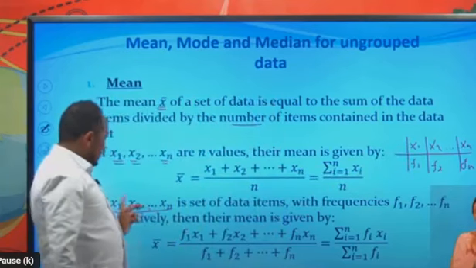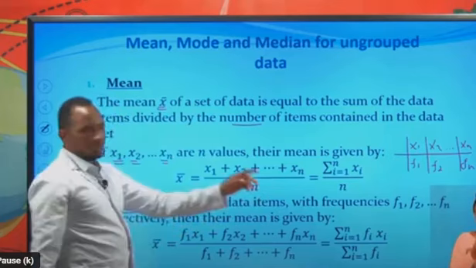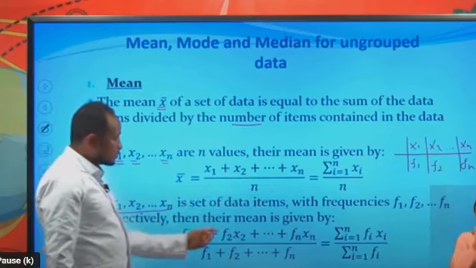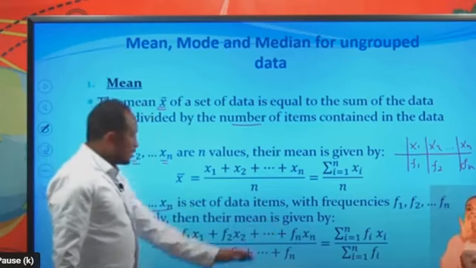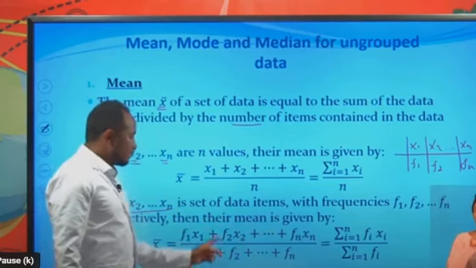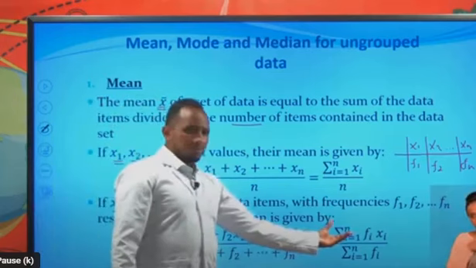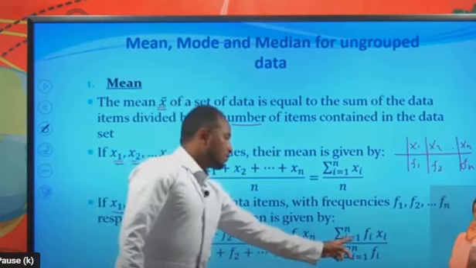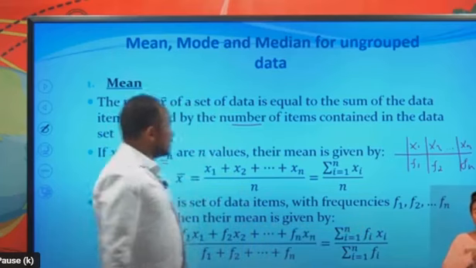So if x1 occurs f1 times, x2 occurs f2 times, and so on, xn occurs fn times, the mean is computed in this form: f1 times x1 plus f2 times x2 plus up to fn times xn, divided by the total number of data. The total number of data is the sum of the frequencies, f1 plus f2 plus up to fn. I can write this using summation notation in this form: the summation of fi xi, where i starts from 1 up to n, divided by the summation of fi, where i starts from 1 up to n.